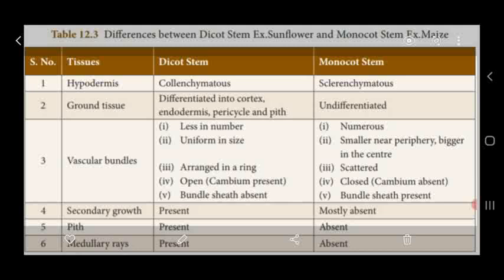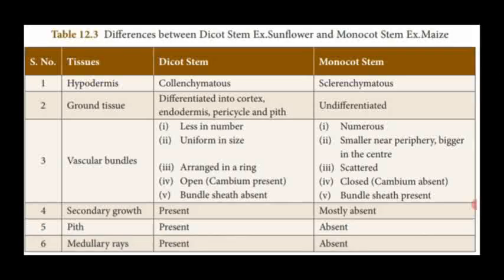The next one, the vascular bundle, they have the bundle sheath in monocot stem. Each vascular bundle is surrounded by a few layers of sclerenchymatous bundle sheath in the monocot stem, but this bundle sheath is absent in the dicot stem.